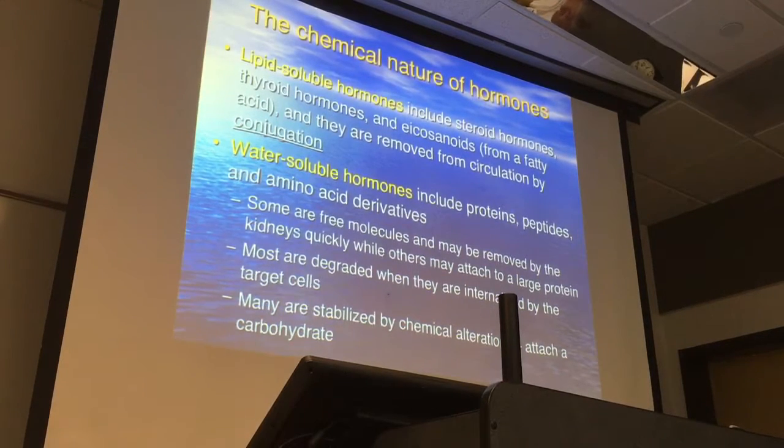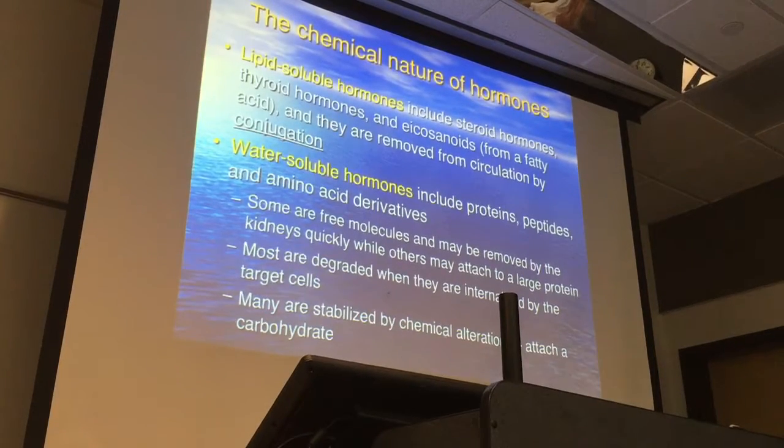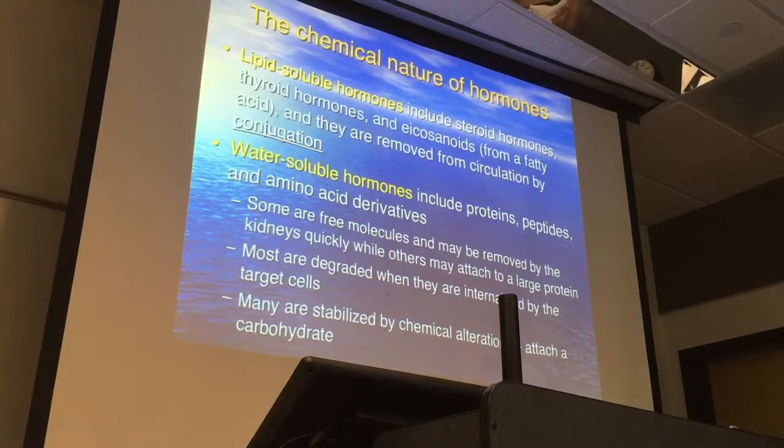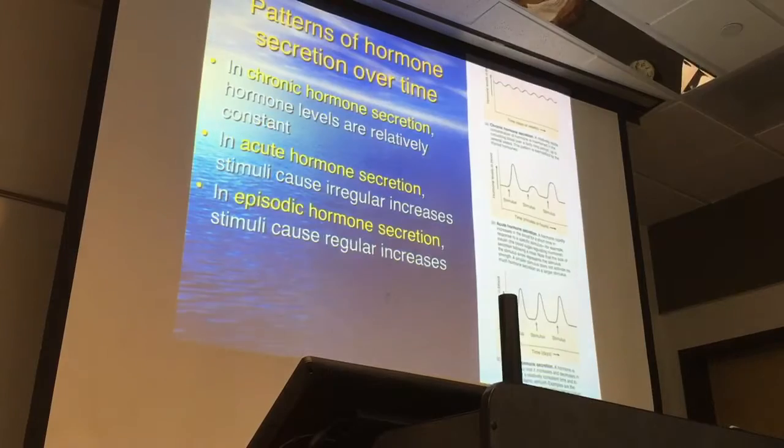If you want to produce a response and then not have it last very long, you would have water-soluble. If you want to control something like reproduction, would you want something that lasts a long time or something that lasts a short time? Long time. So you'd see most of those would be lipid-soluble. So there are a lot of different properties and different uses for these hormones.